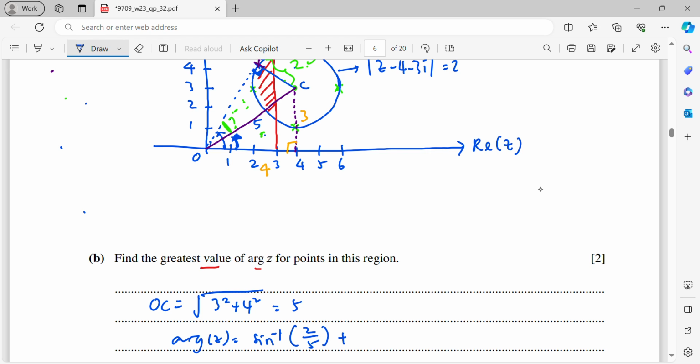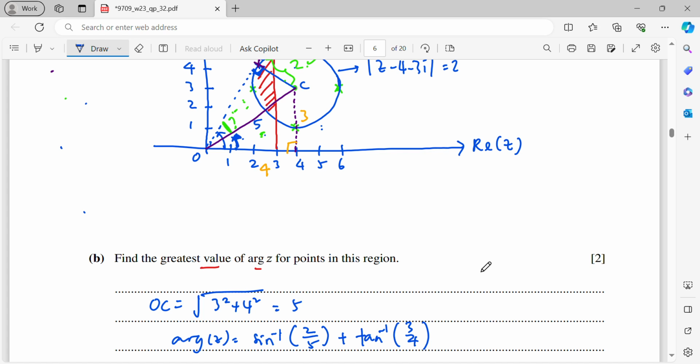For the blue angle, 3 is the opposite side and 4 is the adjacent side, so that is tangent: inverse tangent of 3 over 4.